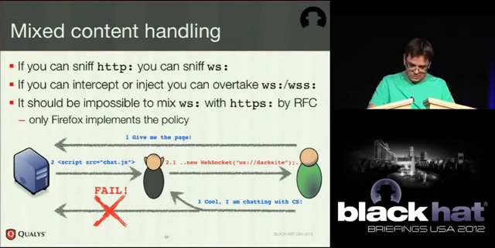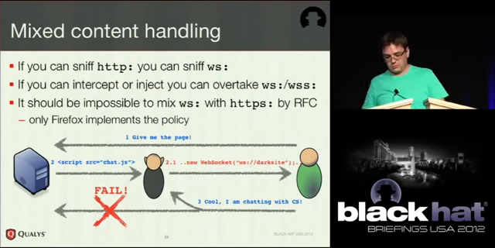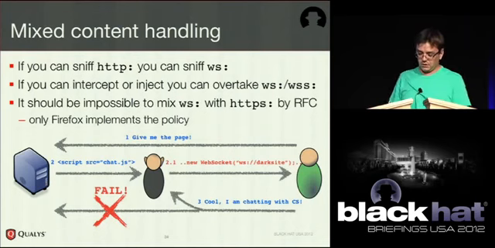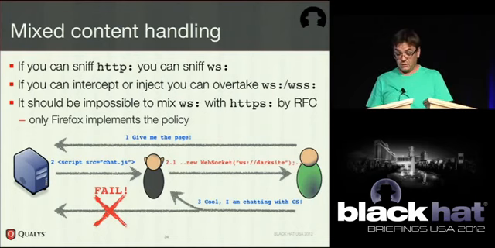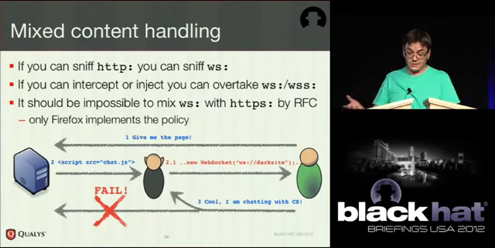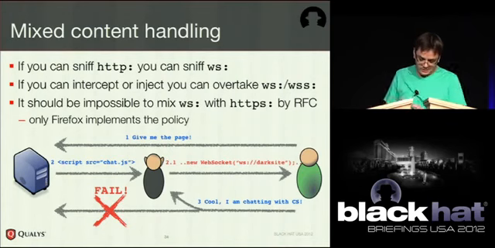The point is that with a plain text WebSocket connection, an attacker can sniff as easily as he would sniff plain text HTTP, which makes sense. And man in the middle is as effective as it was with HTTP.